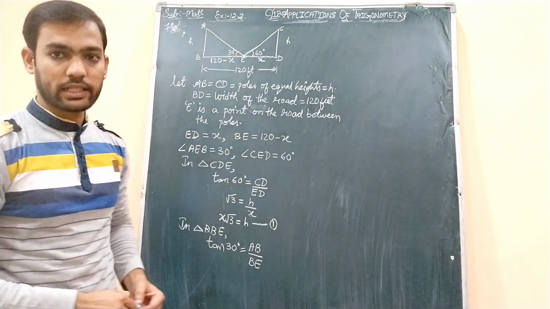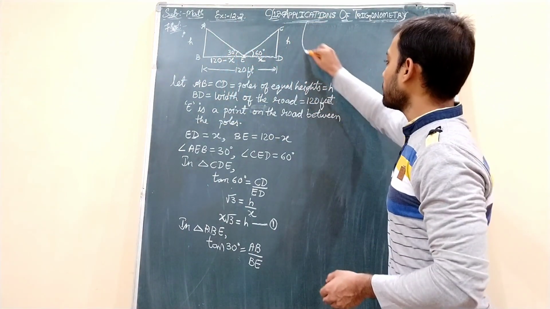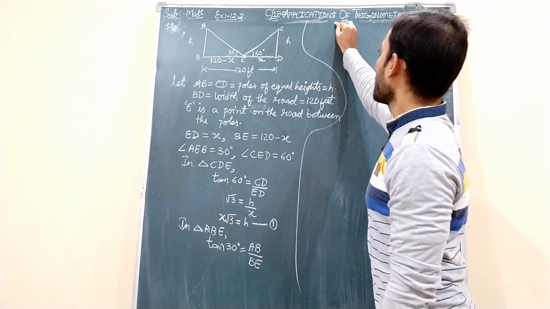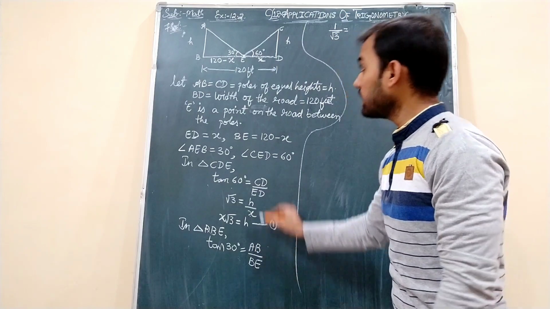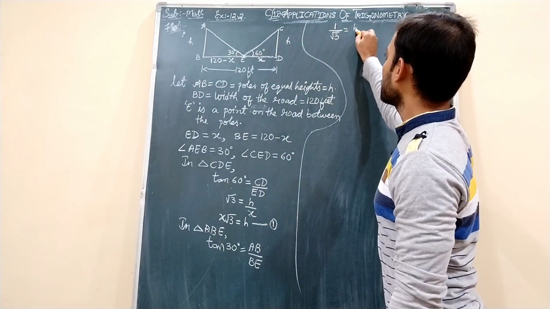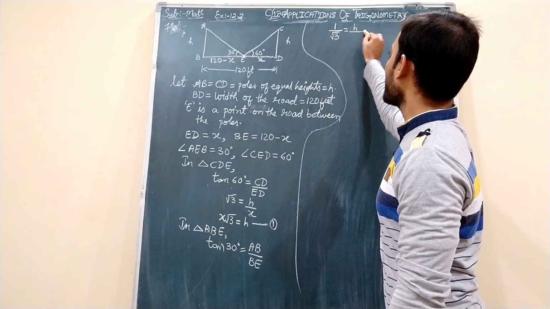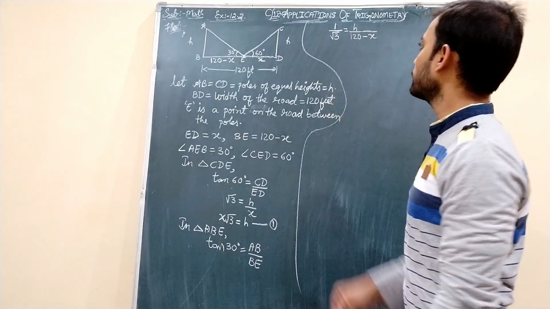Okay, we have selected tan ratio. Now we will substitute the values. Tan 30 value is 1 by √3 students. Tan 30 is 1 by √3 equals AB is h again, because both the poles have the same height, and BE we got as 120 minus x, right students?